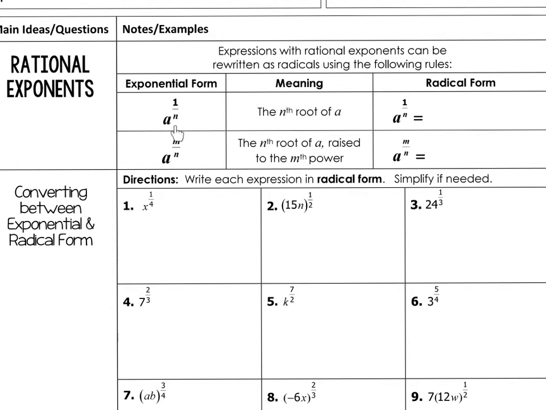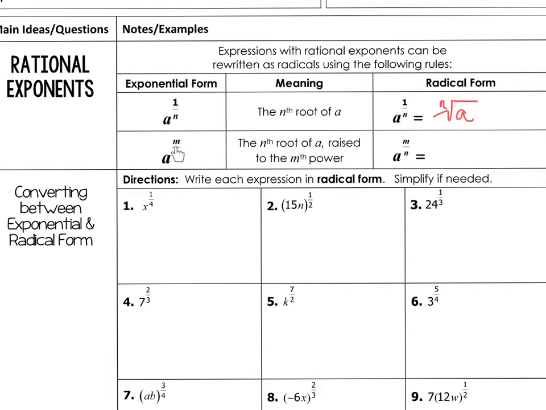So what this is saying right here is we are taking the nth root of a to the first. And so that would be written as the nth root of a to the first power. So again, this right here became our index, and then if you cover up the index, don't you see a to the first? So a to the first goes underneath and it becomes the radicand.